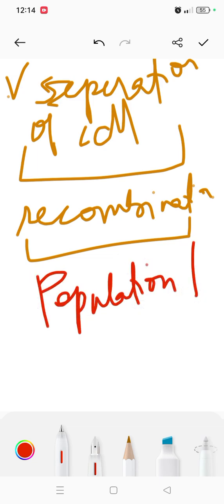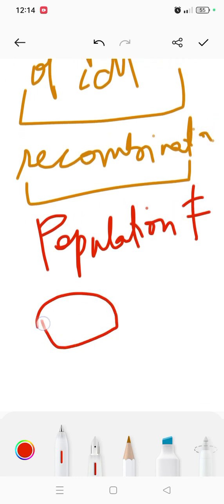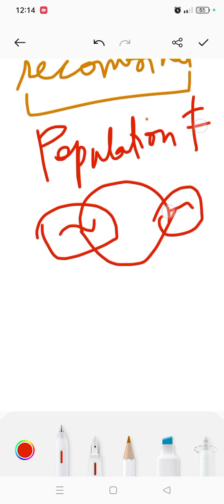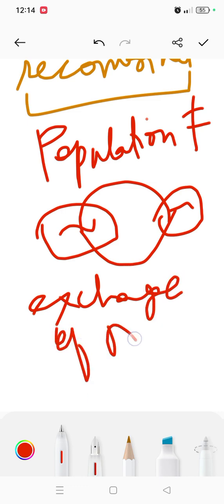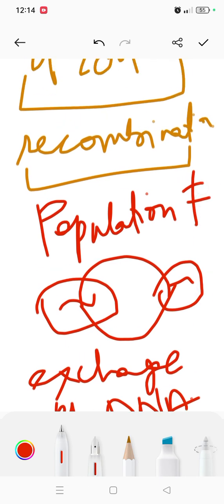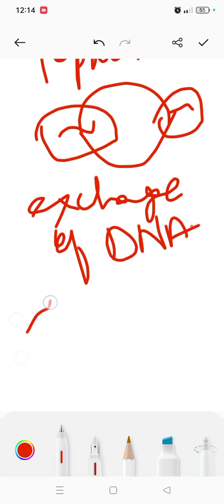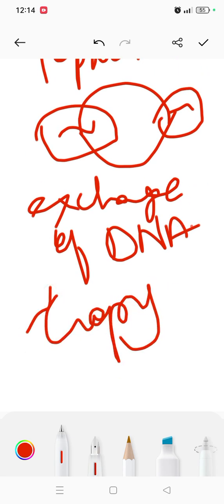The population remains the same, it does not decrease or increase. This means they only transfer and exchange DNA, but they cannot make a copy of themselves. No copy of itself will be formed. That's called recombination. So there will be recombination of the genetic material from the donor to the recipient cell, which is the second one.